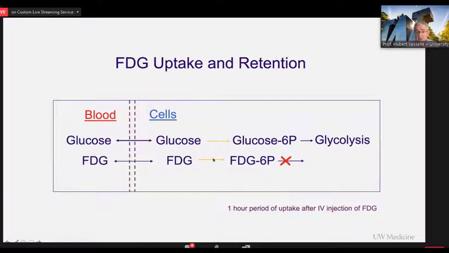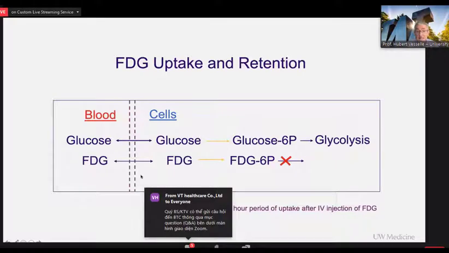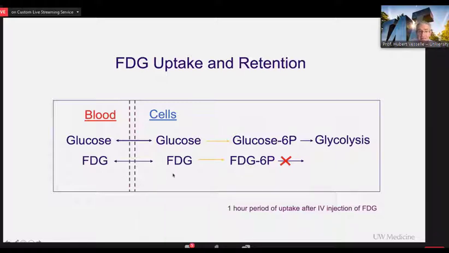And FDG-6-phosphate is polar, so it cannot leak back across the lipophilic cell membrane, because it's charged. And so there's very little dephosphorylation of FDG for it to go back. And so FDG-6-phosphate is going to accumulate inside cells in proportion to hexokinase or glucokinase activity.